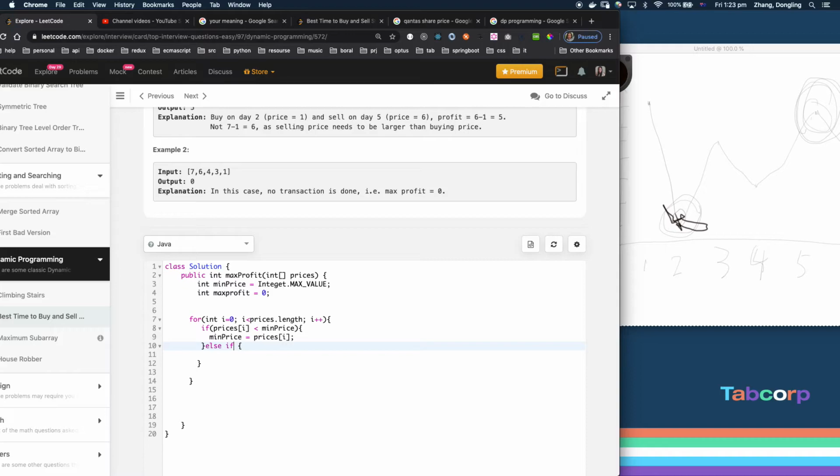You need to check whether the max profit needs to update: if the current price minus the min price is greater than the max profit, then the max profit is updated.